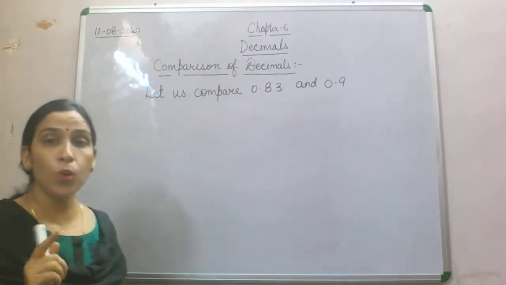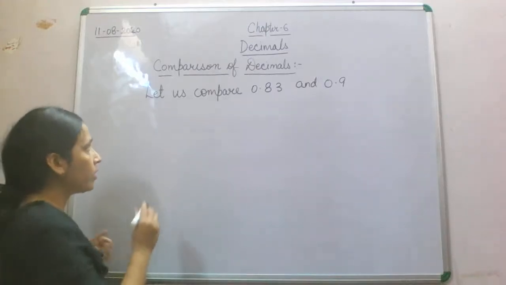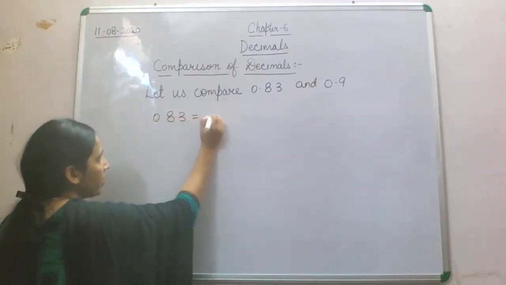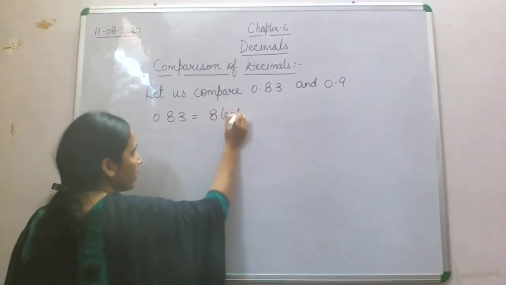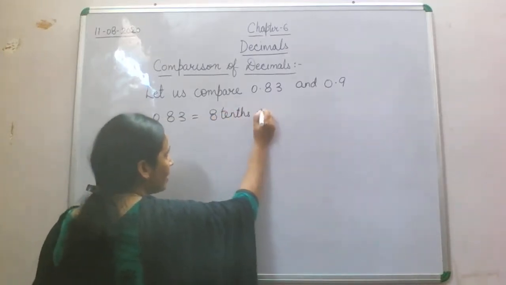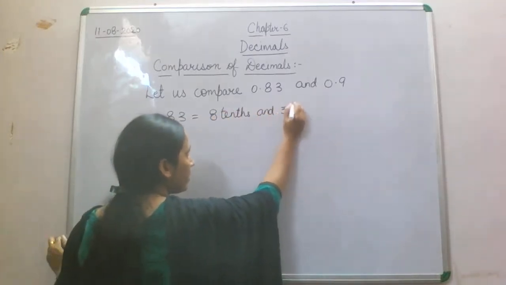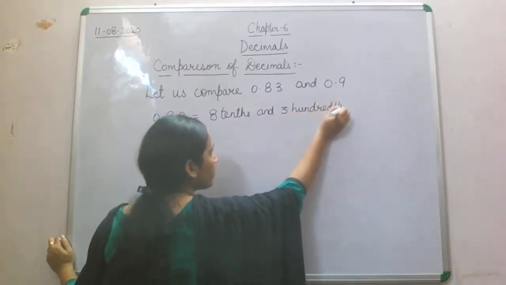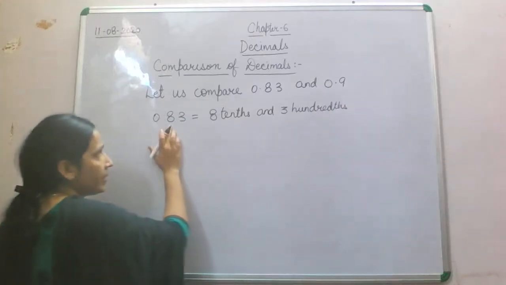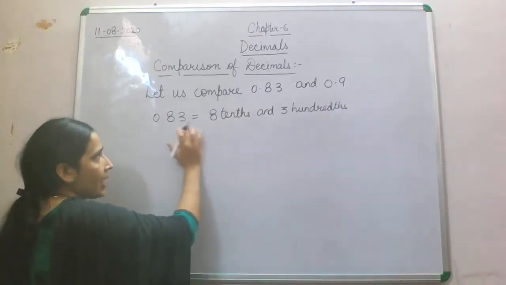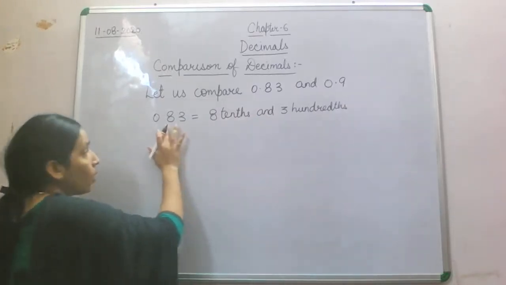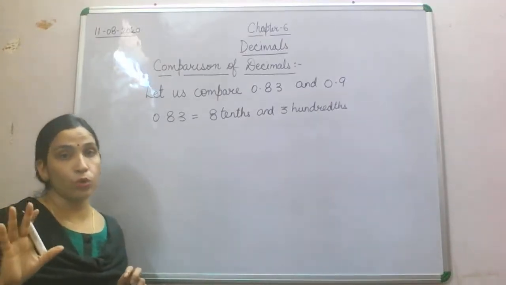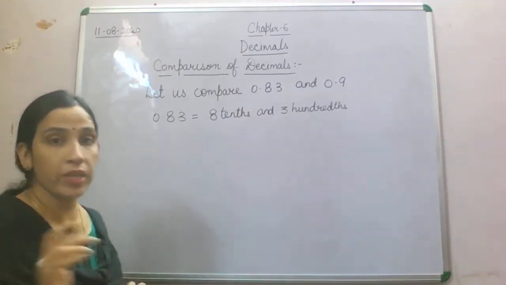Now 0.83, it means what? 0.83 means 8 tenths and 3 hundredths. Now see, on the whole number place we have 0, so that 0 we are not going to mention anywhere.